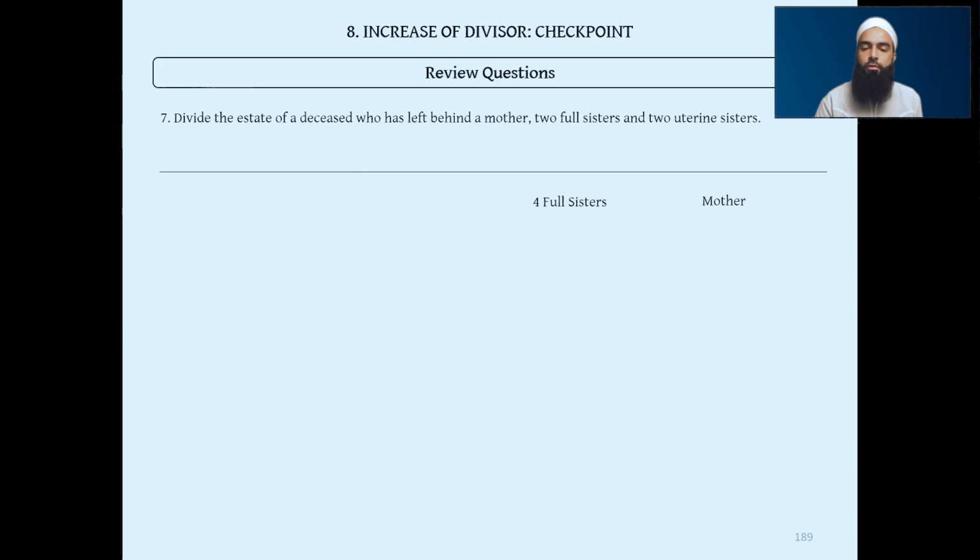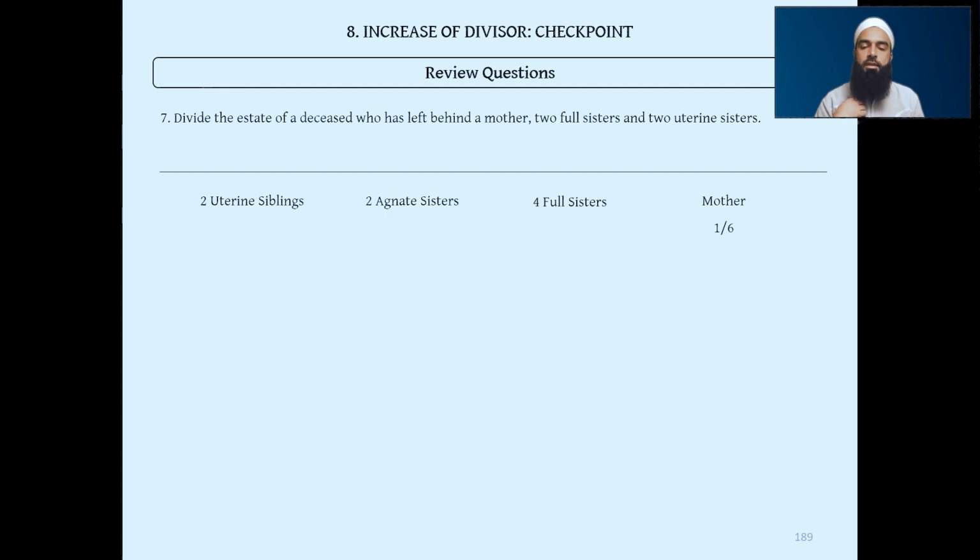Mother, 4 full sisters, 2 agnate sisters, and 2 uterine siblings. What happens in this scenario? Revealing the answer, mother gets her 1/6 because there are more than 2 siblings.